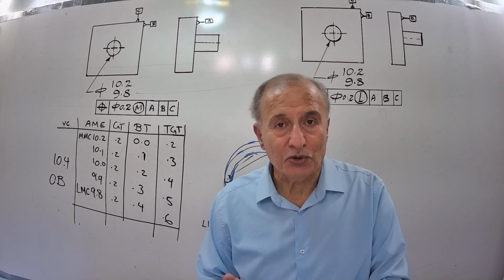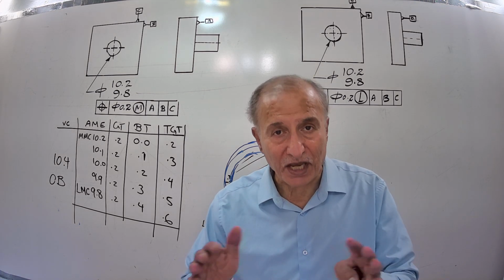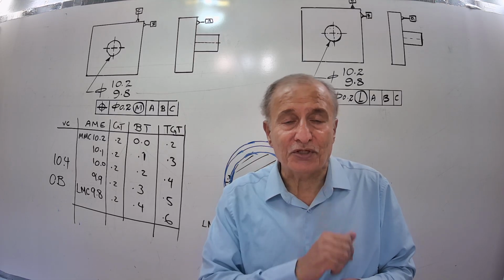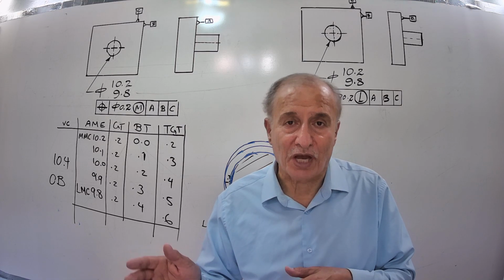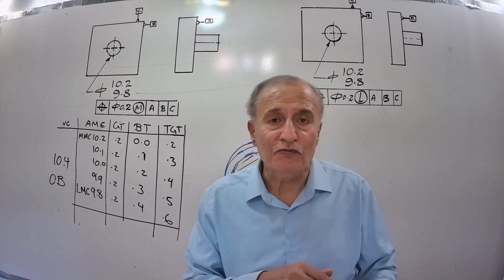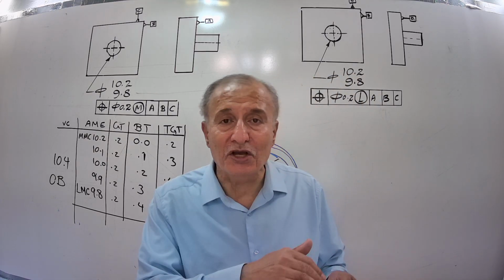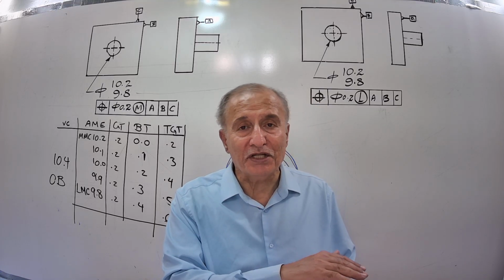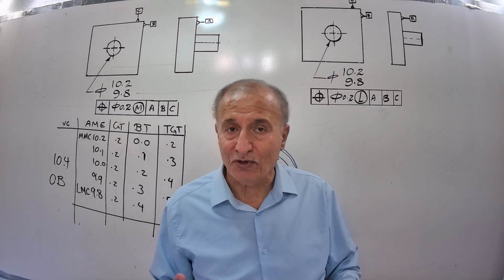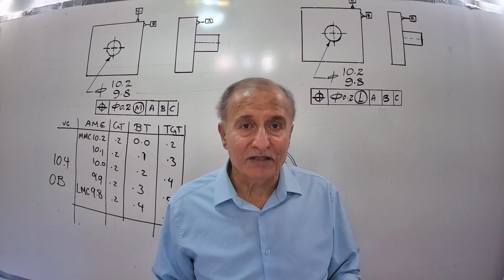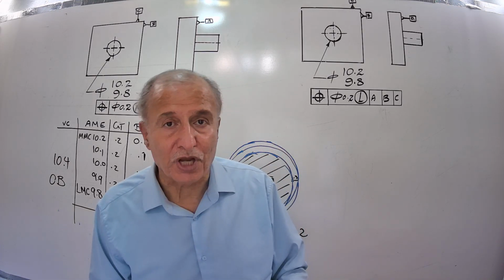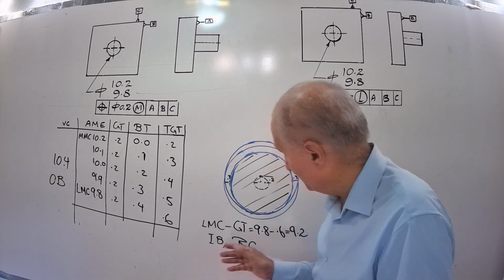Assume that you switched at 9.8 diameter, your axis is off 0.3 to the left or to the right. We have to remove the material from one side in order to return it back to center. What does it mean? It means that the diameter changes from 9.8 to 9.2.